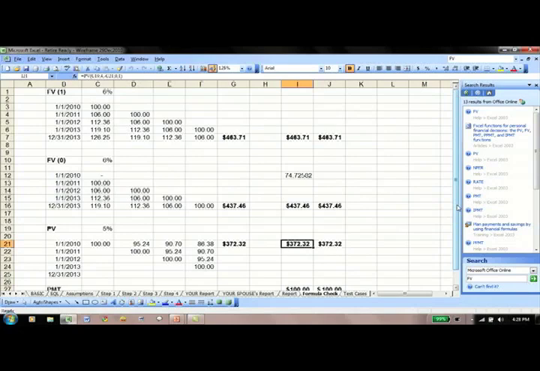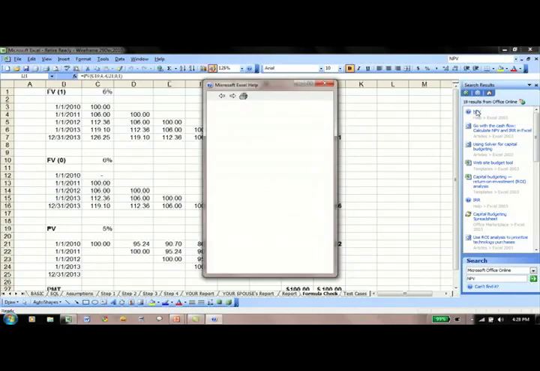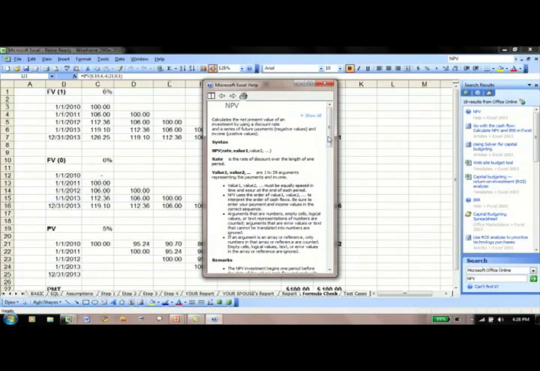Now there's another formula, which is the NPV formula, the net present value formula. What I'm going to do here is go into Excel's help feature and type in NPV, and there it is. So let's look at the NPV formula. It says, okay, tell me what the rate is, and then give me the different values, up to 29 different values, and I will tell you what the net present value is today.